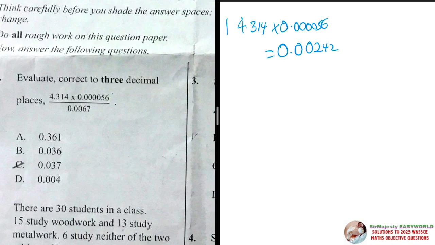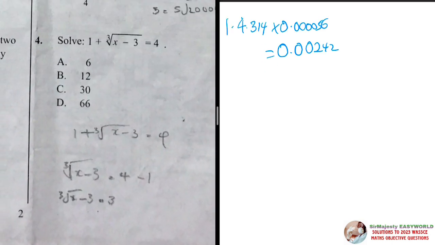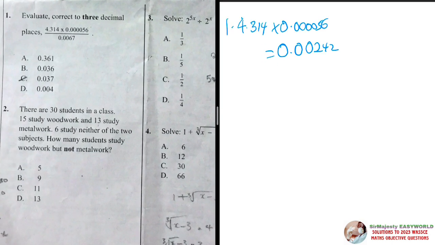Now we're meant to divide it by 0.0067. So I need to divide our answer by 0.0067. So I think this is 3 zeros.